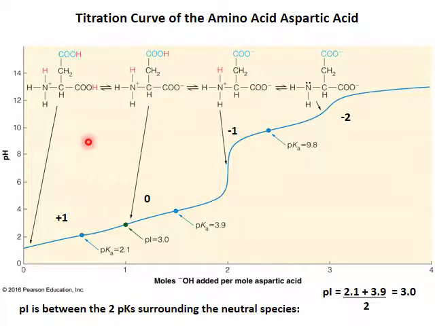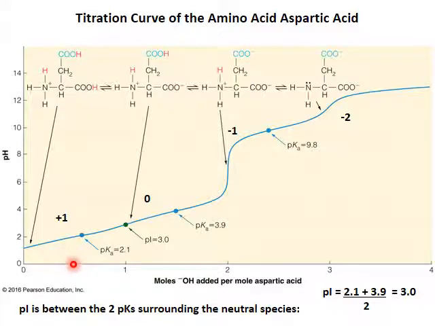The arrows point to the location in the titration curve in which the majority of the species exists. The moles of equivalent hydroxide ion added per mole of aspartic acid is on the x-axis, the pH is on the y-axis, and we can look at a titration curve and determine the pKa values.